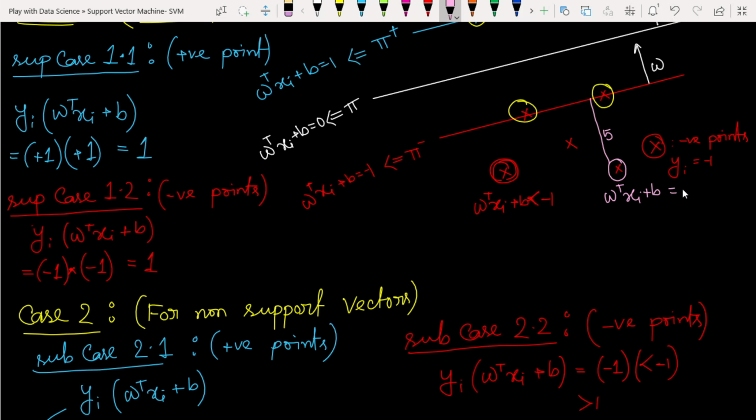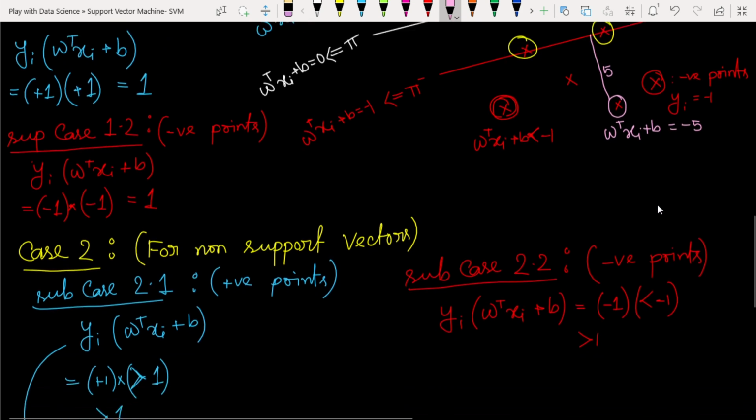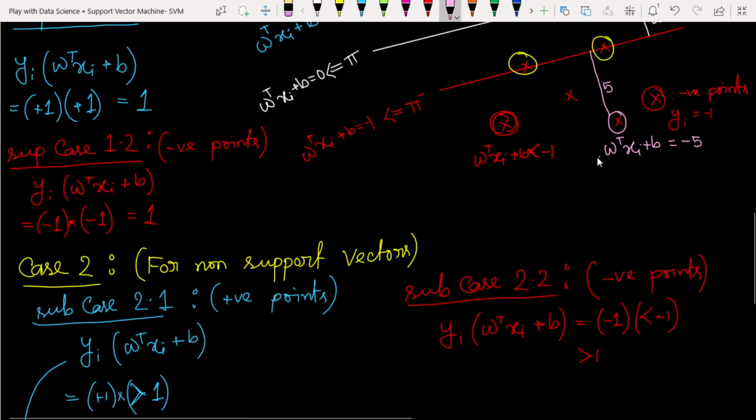So this will be minus 5. The directions of the w and the directions of this point are opposite, from our plane pi minus. So these equations will be this one. If I now calculate yi (w transpose xi plus b), what will it be?